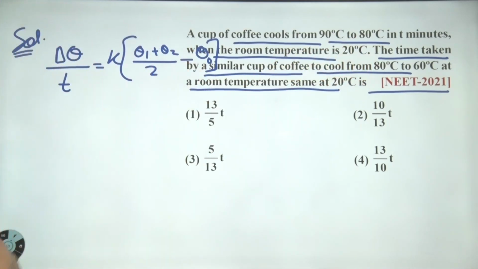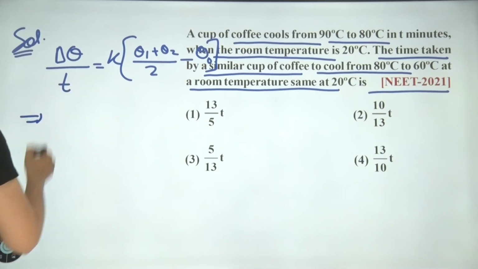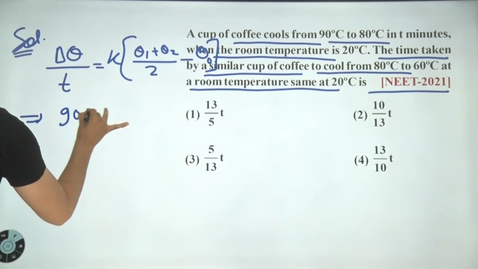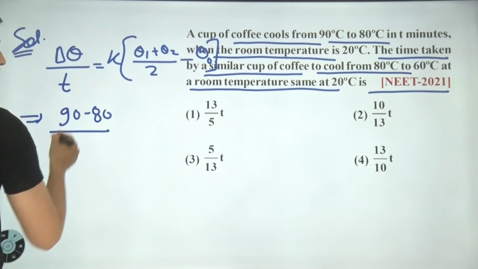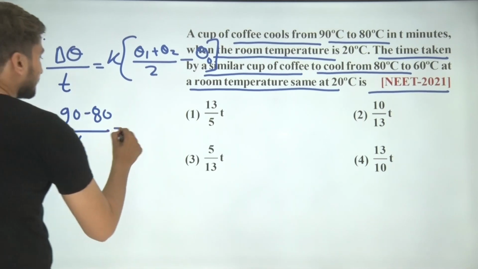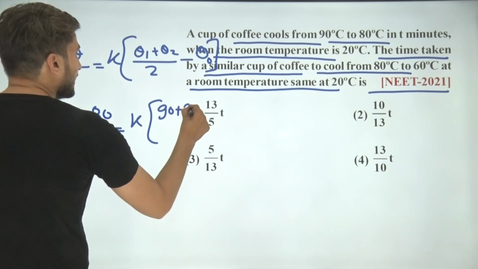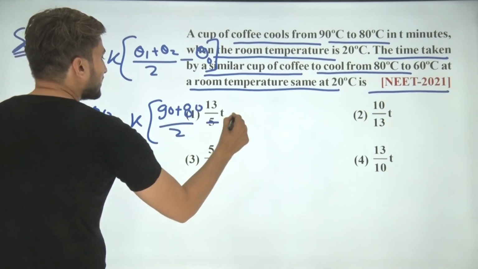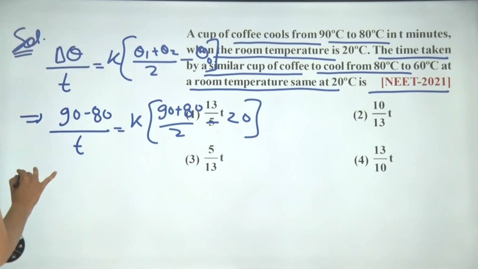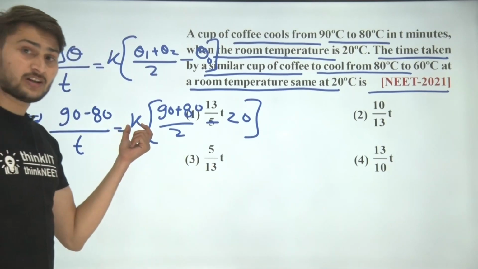So now we put in the values: the change in temperature is 90 minus 80 upon time, which is given as t, equal to k times 90 plus 80 divided by 2 minus 20.